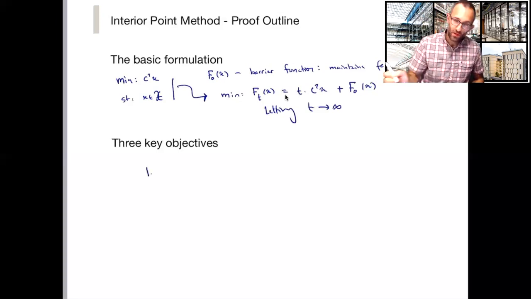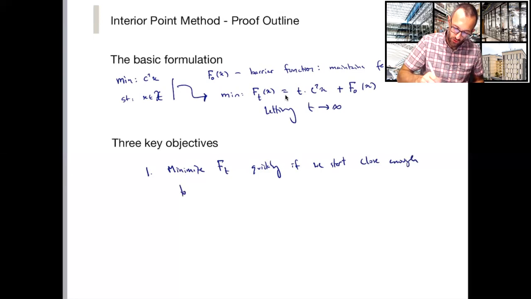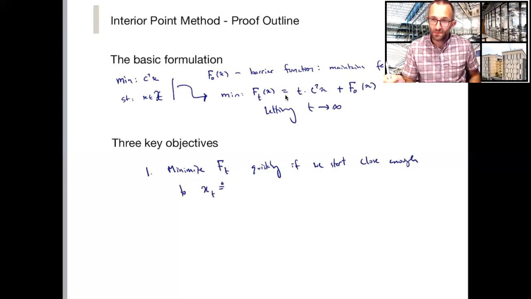So first, we should be able to minimize ft quickly if we start close enough to xt, which we've defined as its minimizer.